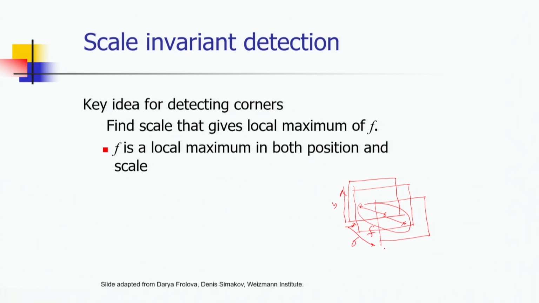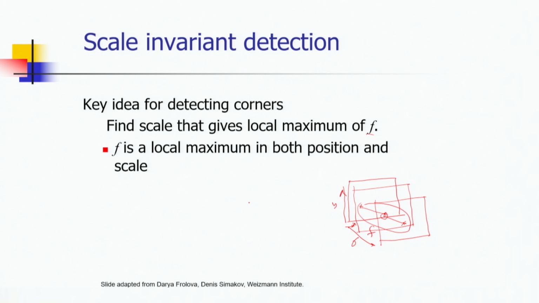At every scale you compute this measure f and find the local maxima considering this three-dimensional space, not just the two-dimensional distribution. That is how you get the key points at a particular scale. For that key point, that is the appropriate scale where it should be described. So every key point is associated with a certain scale, and in this way you are pinpointing the scale at which the key point should be described.